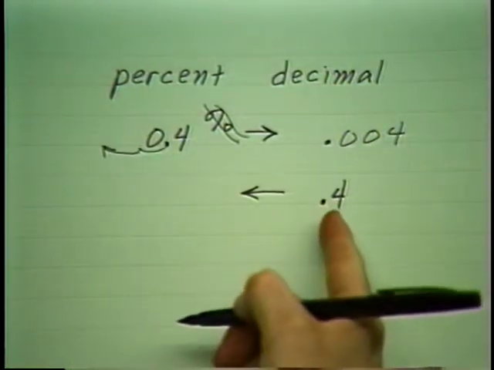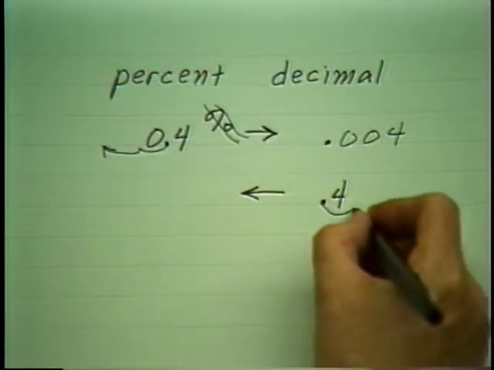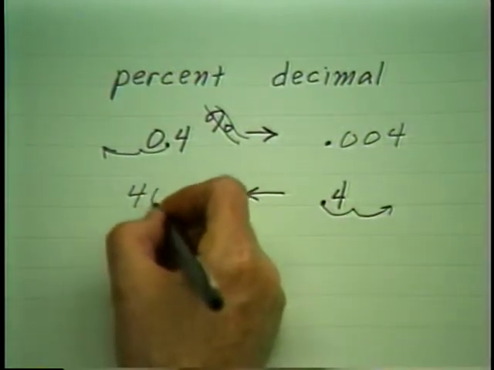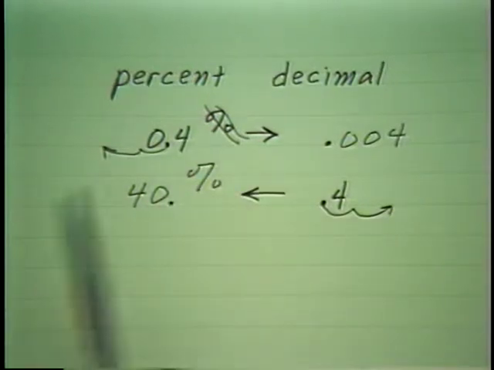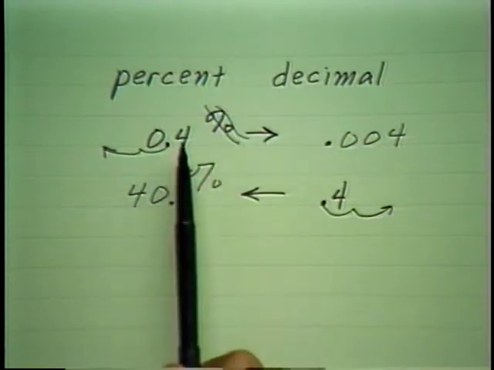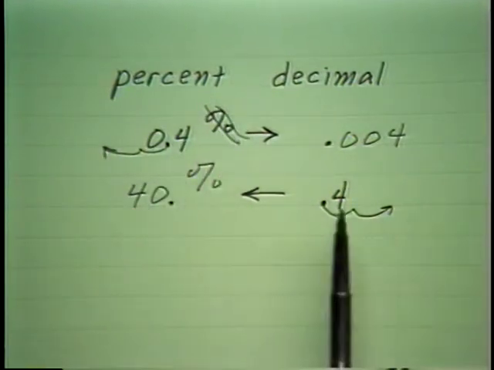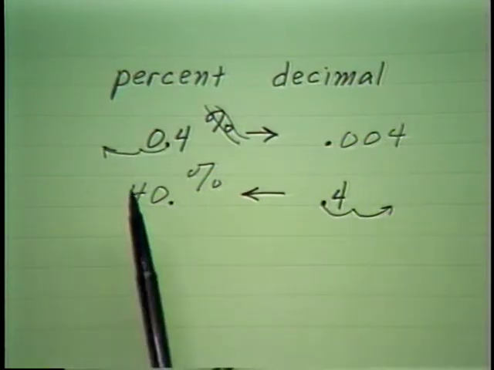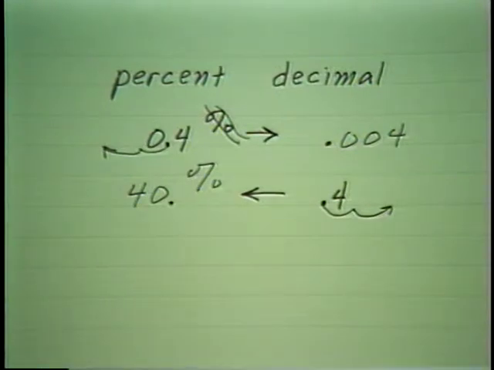But if I have a decimal and I want to change it to a percent, I move it 2 places to the percent, which gives me 40%. So again, to get away from a percent, move it 2 places away and drop it. To change it to a percent, you move it 2 places towards the percent and stick it on. A nice trick. Try it. It's all a matter of how you state your problem.